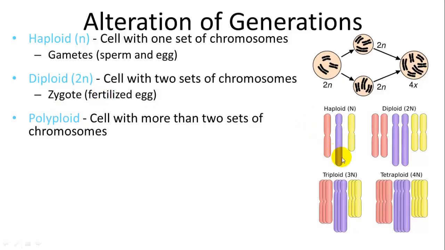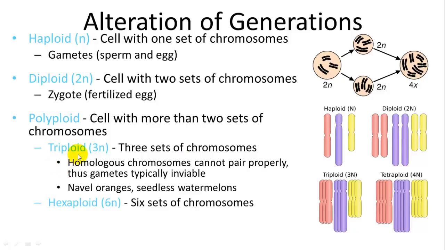Okay, so this occurs if you have one cell that doubles and then doesn't split. It may have a 2N, and it could combine with a 1N to form a triploid, or you could have two 2Ns coming together to make a tetraploid. And these are uncommon events, but they are common enough to where they can create new species from different formations of these genes.